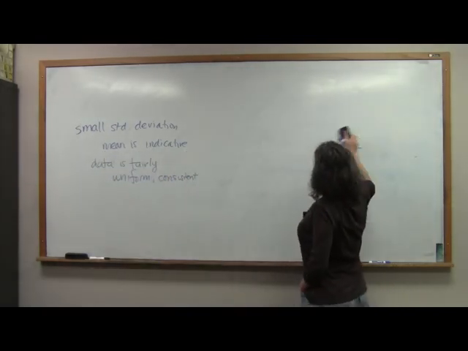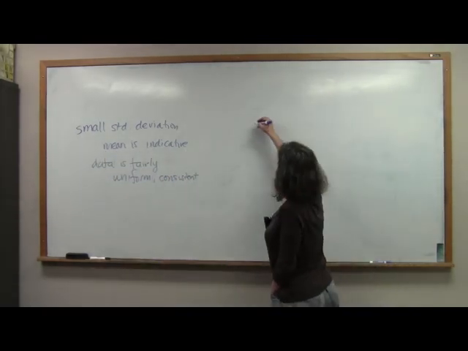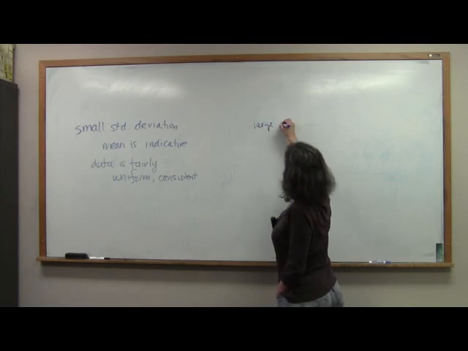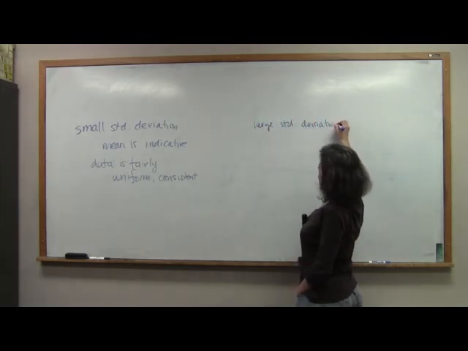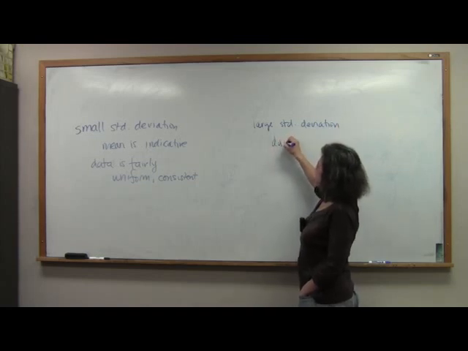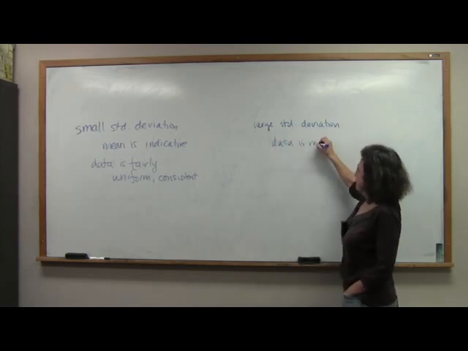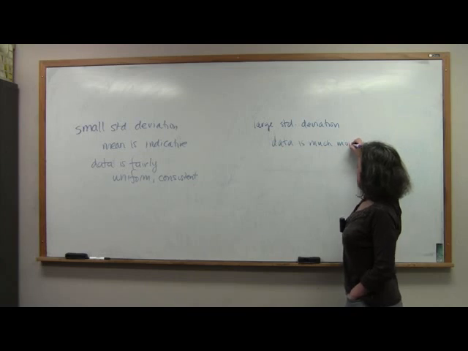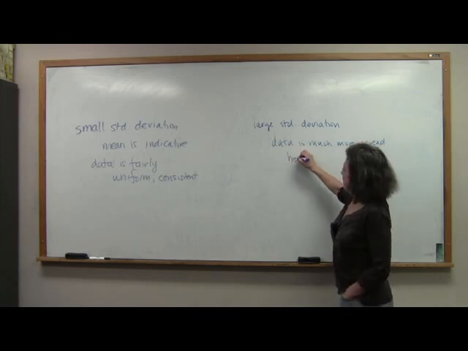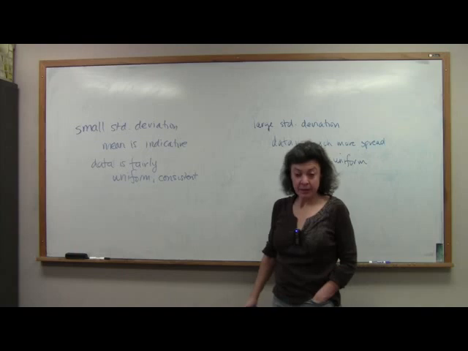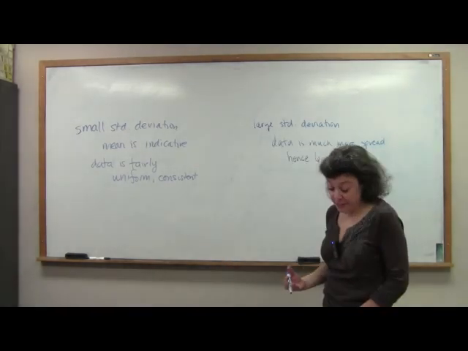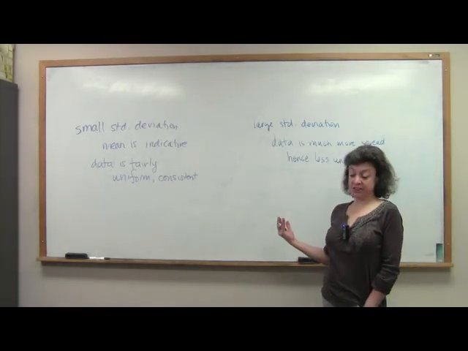Whereas, if you have a large standard deviation, your data is much more spread. Hence, less uniform. Okay, and this sort of thing can actually be quite important to look at.